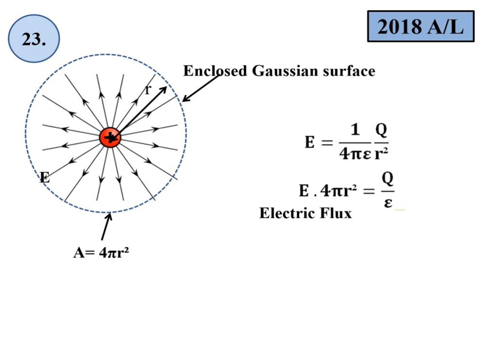It's a known equation. From the first theory, flux is E multiplied by A, where A means 4 pi r squared. With some manipulation, moving 4 pi r squared to the E side, the right side is isolated as Q divided by epsilon.